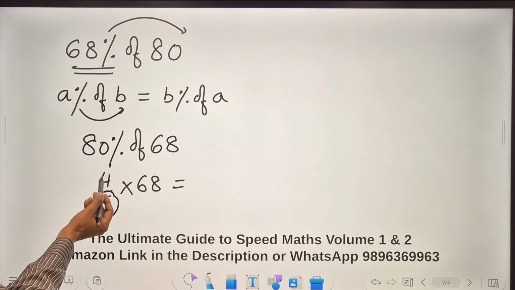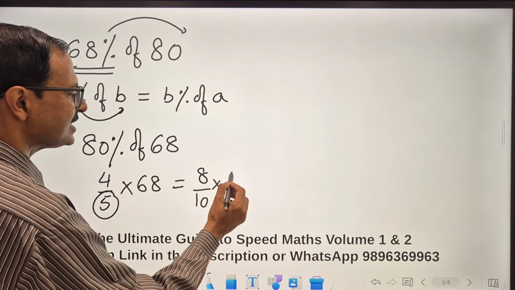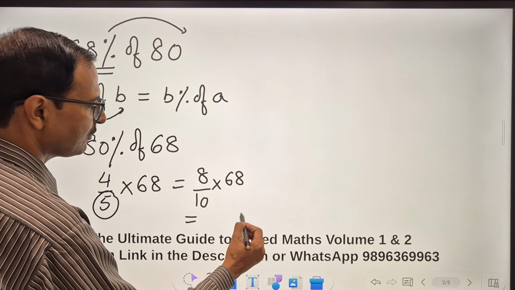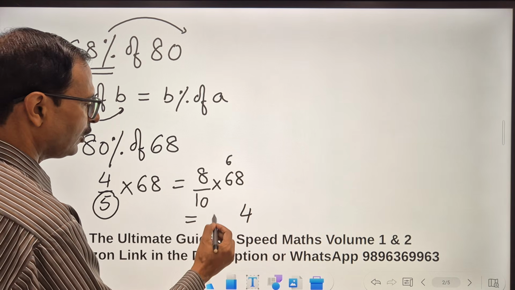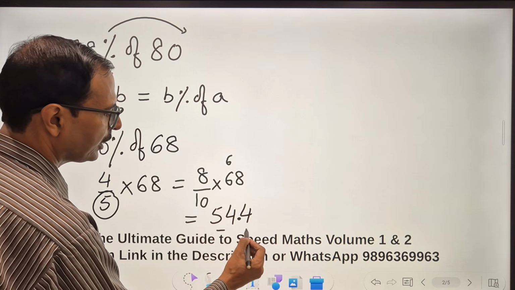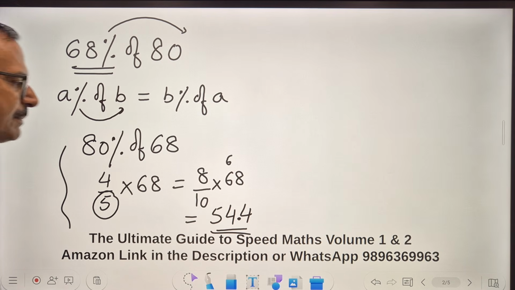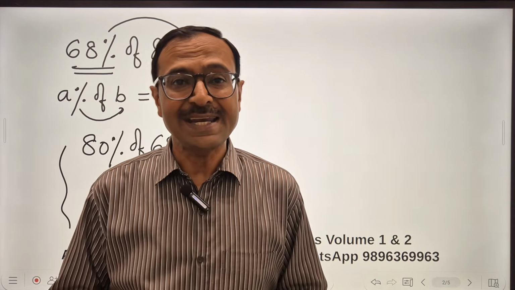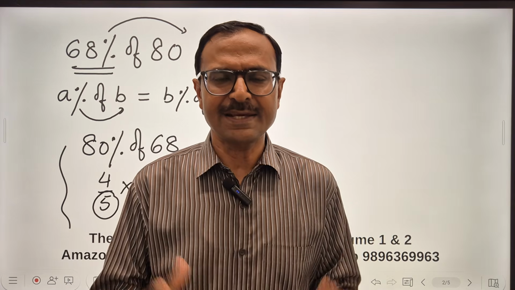How? 8 out of 10, and 8 out of 10 times 68 will be an oral calculation, because 8 times 8 is 64, 4 and 6 carry, 8 times 6 are 48, plus 6 is 54, so 544, and divide by 10 means 54.4 is the required percentage. Now all these are mental math steps, and swapping has helped us because we don't have to write 68 upon 100.